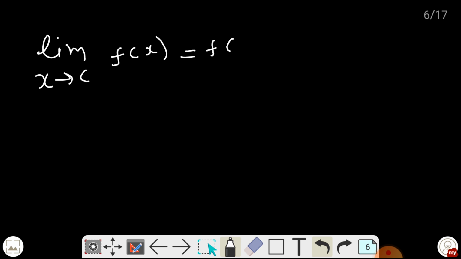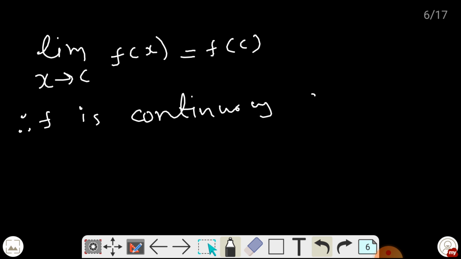That's why we can say that f is continuous at x whenever x is greater than 2. So our function is continuous at all the points on the real line.